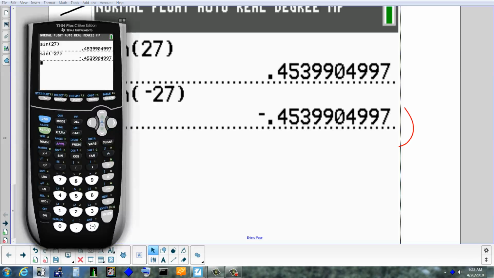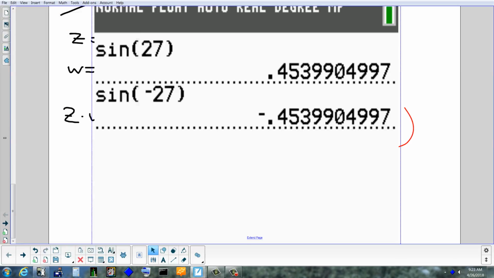So the negative makes a difference. But what you can do with a negative is you can put it in front. And what I'm trying to show you is that if you have the negative inside or you move it to the front, you get the same answer. So with a negative on the sine, you can move it in front. So let's do that here.